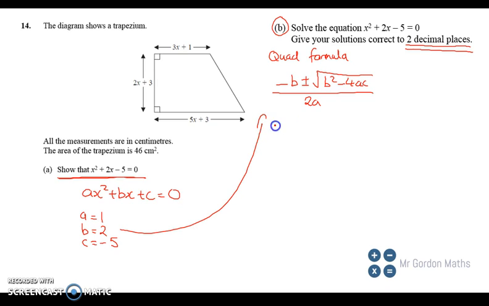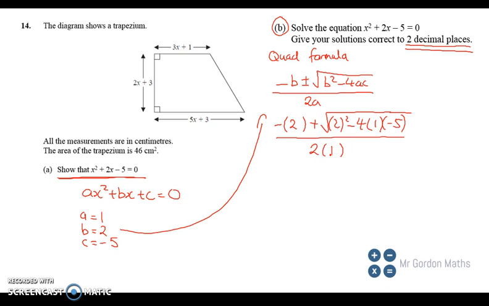So you would put in minus, and b is going to be 2, plus, I'm just going to do plus first, once with a plus and then once with a minus, plus the square root of, b is 2 again, so 2 squared, minus 4 lots of a is 1, c is minus 5, so that's my 4ac, all divided by 2 lots of a, now a is just 1, okay?